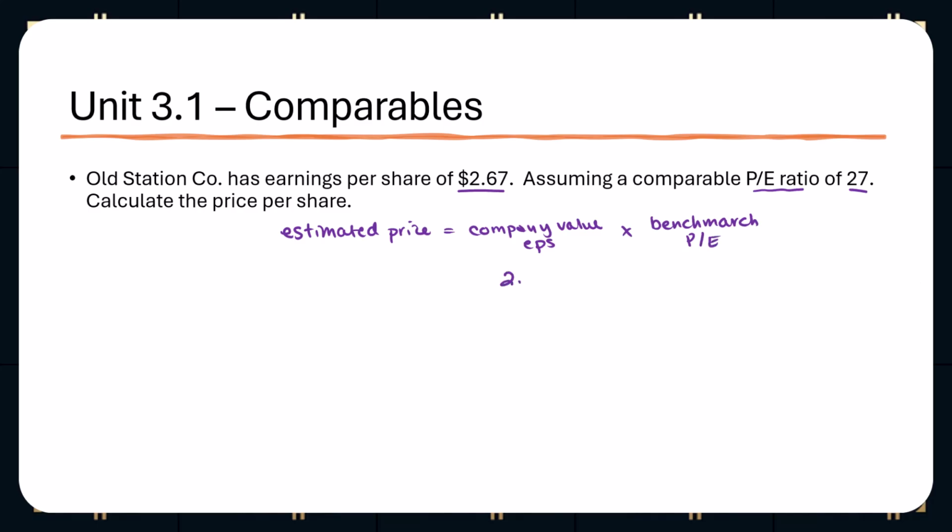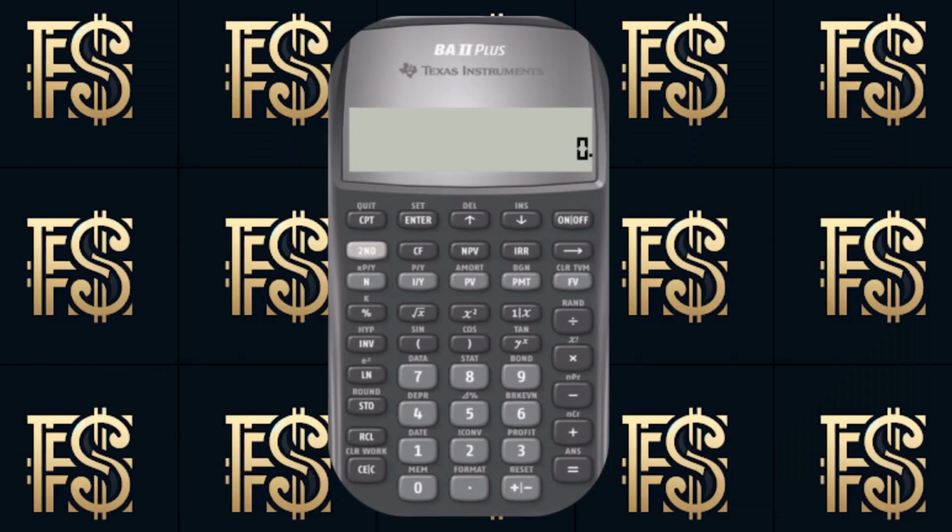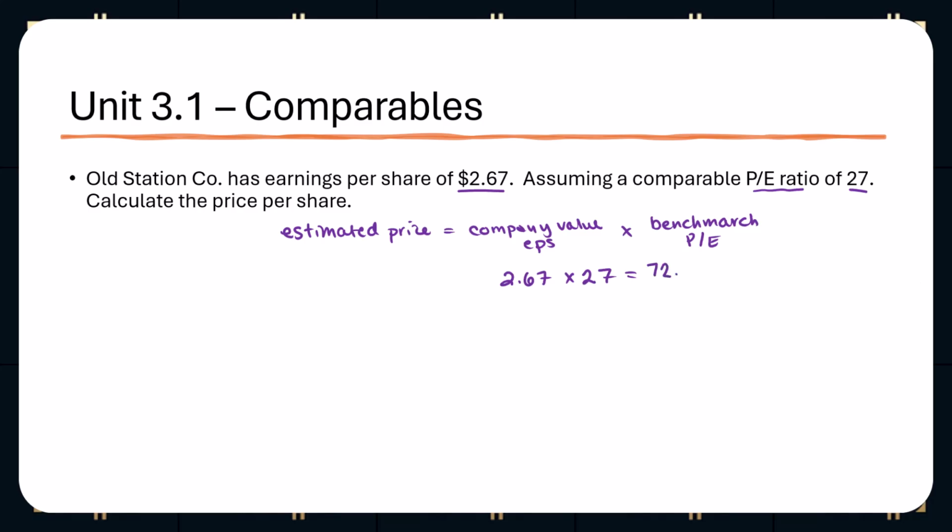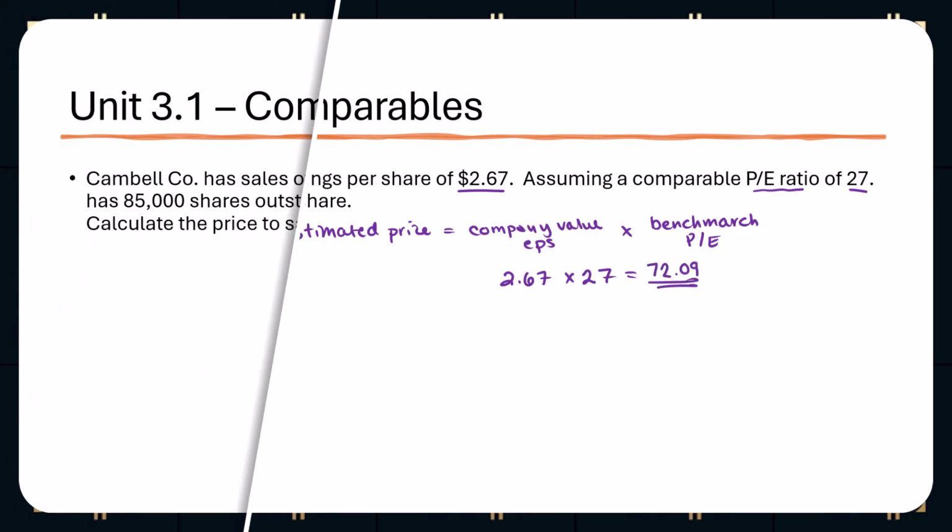In this case, we have $2.67 earnings per share. We have a benchmark ratio of 27. When we do this in the calculator, we will get an estimated price per share for this stock. So we'll take 2.67 times 27, and we find that this stock is worth $72.09.